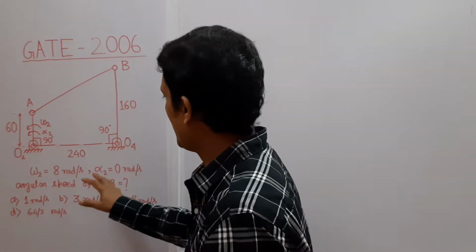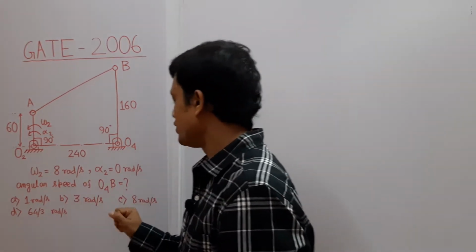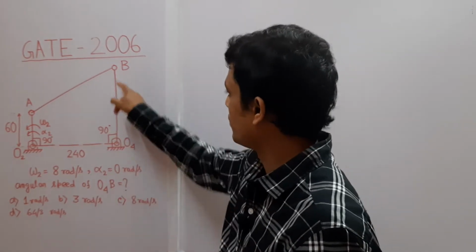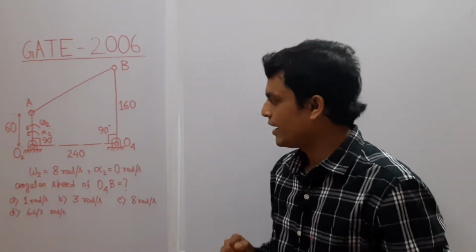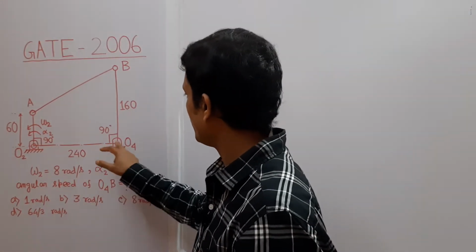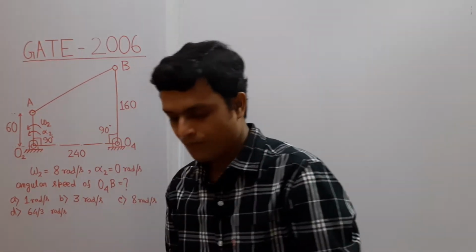And you have to determine what is the angular speed of the follower, that is O4B.